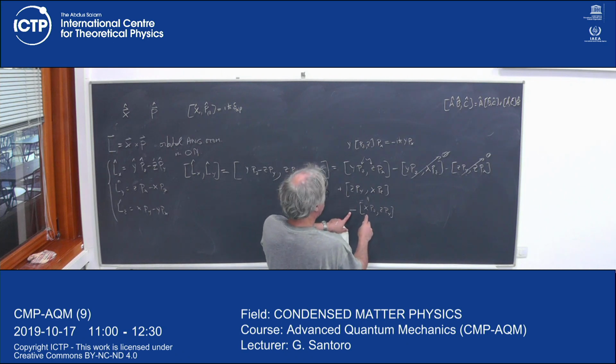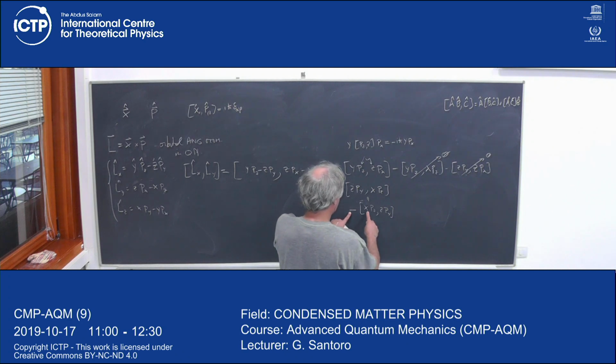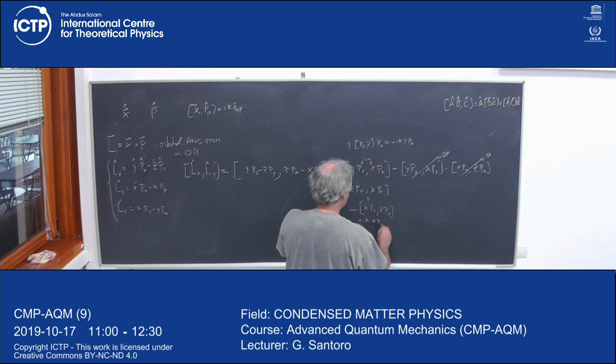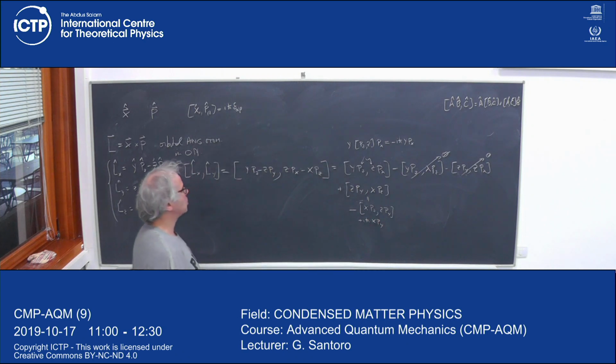Did I write it correctly? Yeah, it's correct. It's plus i h bar. So this is equal to minus and minus, so it's equal to plus i h bar x py. Okay? Good. So it always takes a little bit of care and everything.